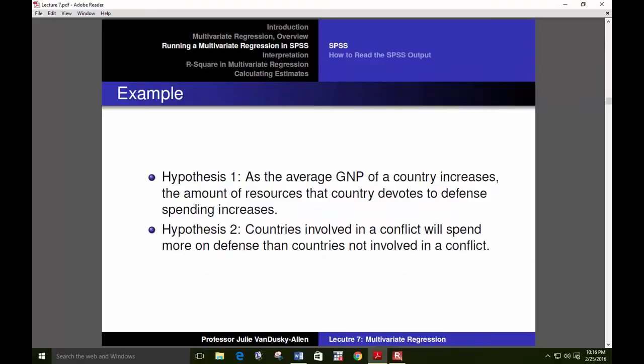Now I'm going to show you how to run a multivariate regression in SPSS. Consider the following hypotheses. Hypothesis 1: as the average GNP of a country increases, the amount of resources that country devotes to defense spending increases. Hypothesis 2: countries involved in a conflict will spend more on defense than countries not involved in a conflict.